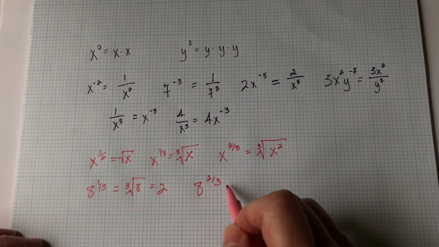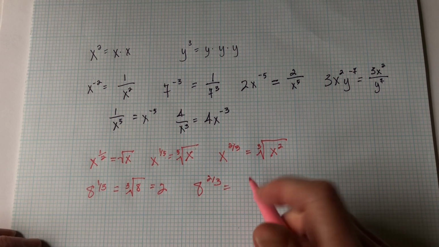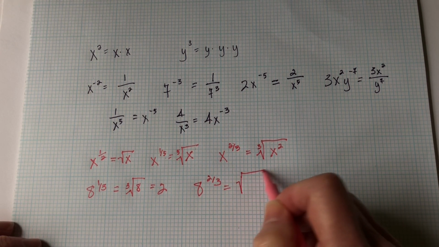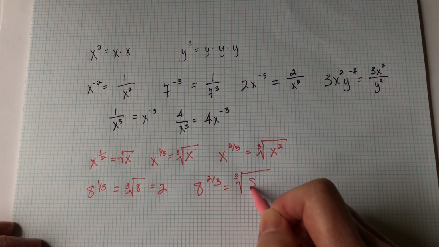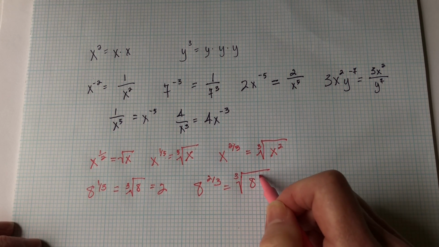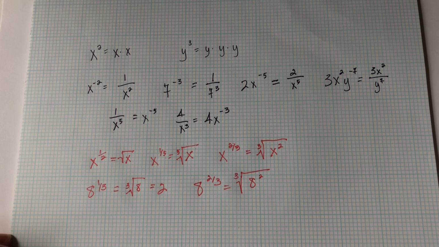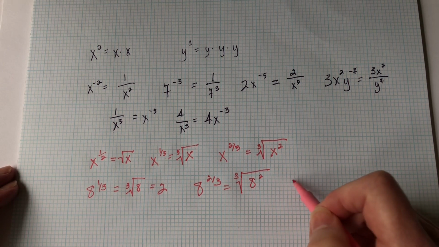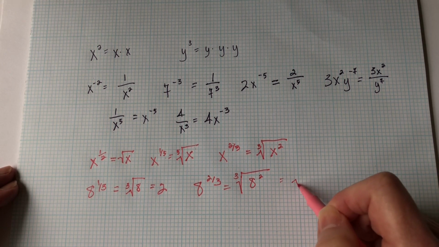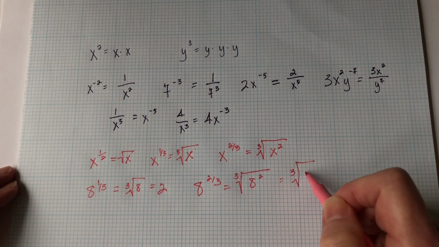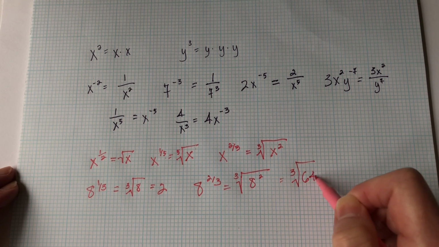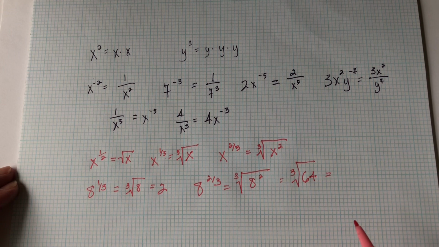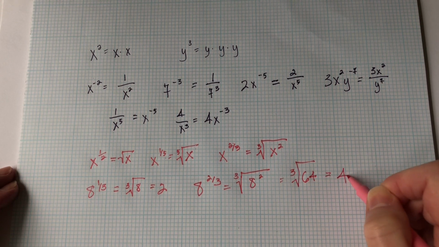Okay, so we can rewrite this as the cube root of 8 squared. And we can work that out. We can do this either way. I'll show you two ways. One is that you can square the 8, which is 64, and then take the cube root of 64, which is 4.